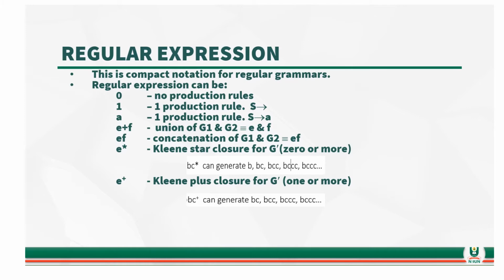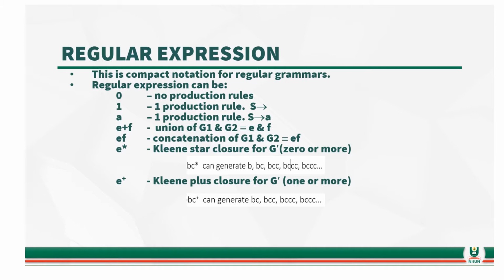Regular expressions are compact notations for regular grammars. And so when we are talking about regular expressions, we may not have any production rule, and then we can have even one production rule, say S implying maybe epsilon, it could be empty.